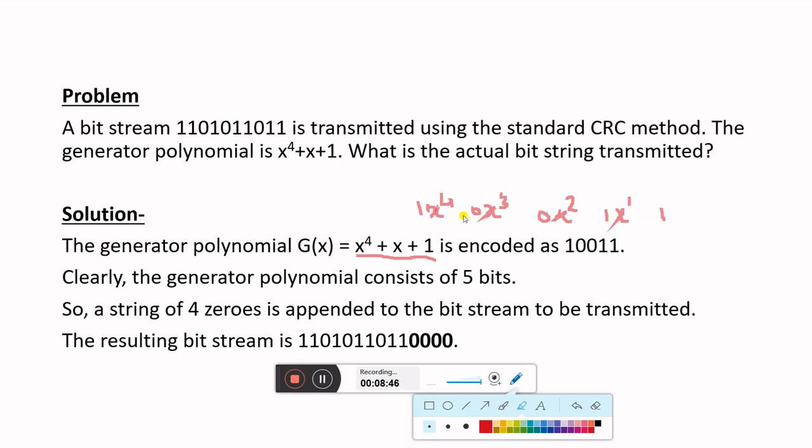So if we take the coefficients 1 0 0 1 1, here it is written the same value, all the coefficients 1 0 0 1 and 1.